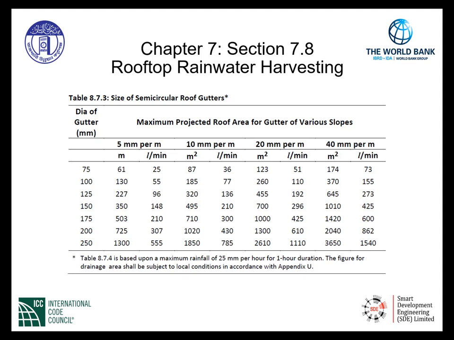Once the projected roof area is known with a given slope, the diameter of the gutter could be determined as shown. If a certain diameter were desired, for aesthetic reasons perhaps, it could be worked backwards to determine the slope of the gutter necessary for that roof area.